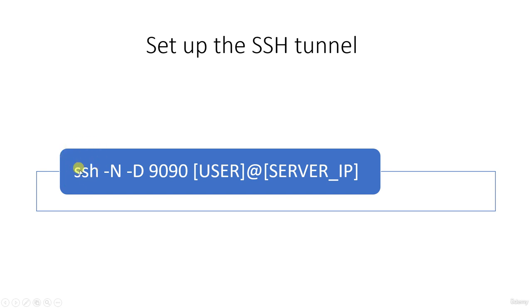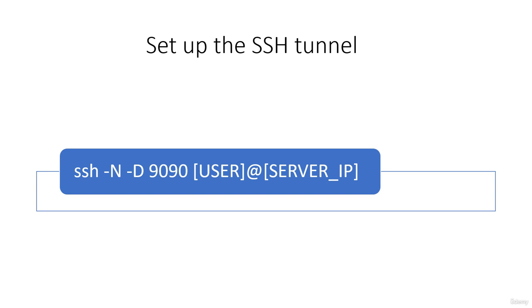SSH, as you know, is the SSH command, and -N tells SSH not to execute a remote command. -D 9090 opens a SOCKS tunnel on the specified port number, and then user at server IP, which is your remote SSH user and server IP address. To run the command in the background, just use the -f option.